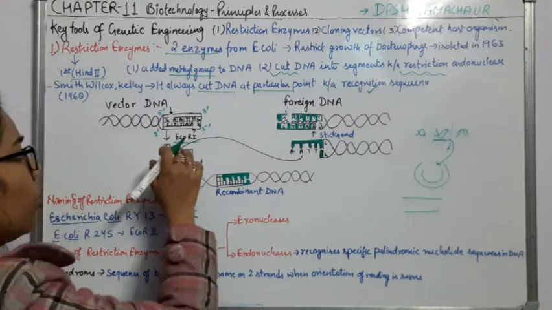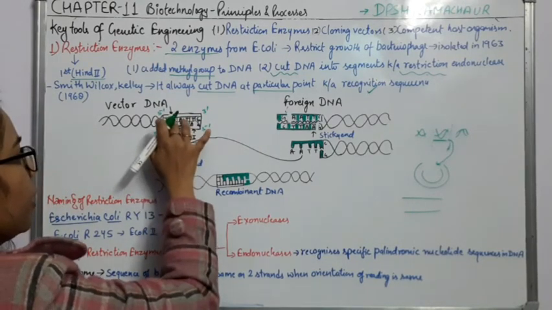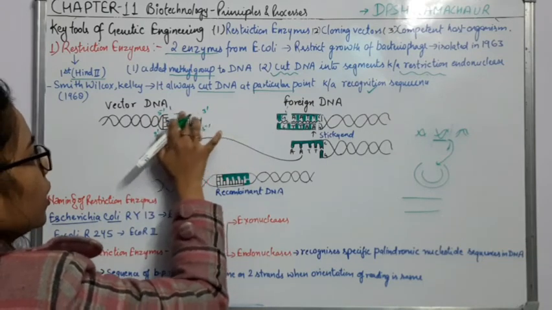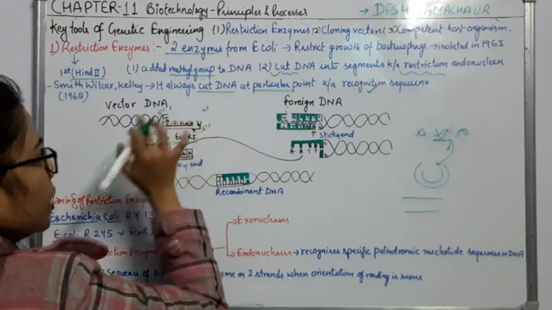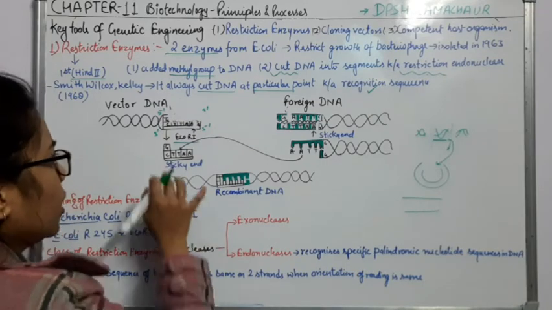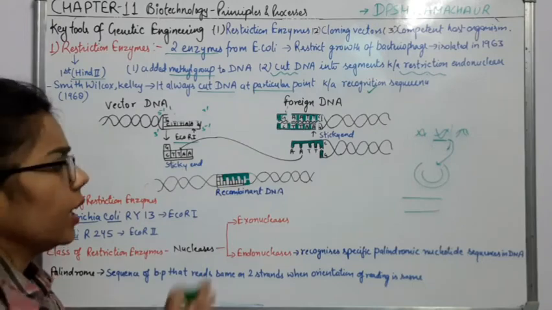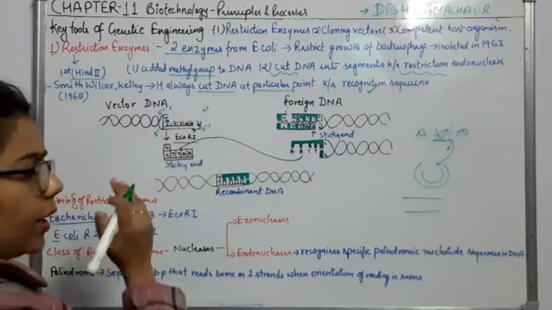Now if you cut it, what will it look like? As I have said, it will break down, and the whole sequence will get lost from this side. So what will it form? GCTTAA, that much is left from the vector DNA.